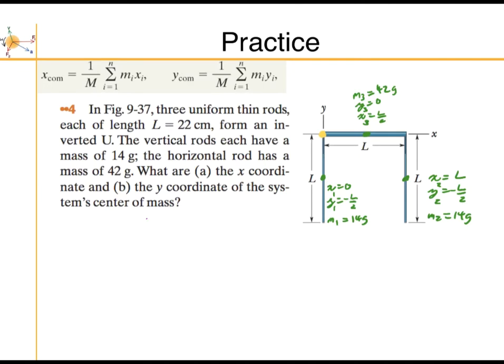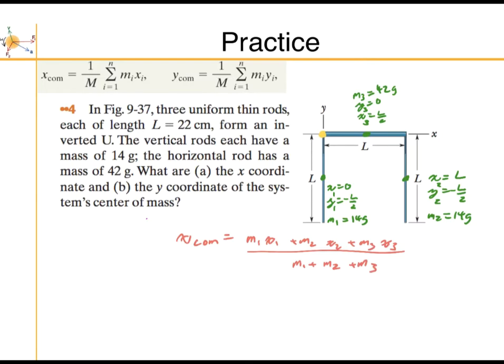So we can say, well, we have the center of the mass of each individual one, so we can calculate the center of mass of the whole. So the center of mass of the whole, for x, will be M1 x1 plus M2 x2 plus M3 x3 over the sum of M1 plus M2 plus M3.